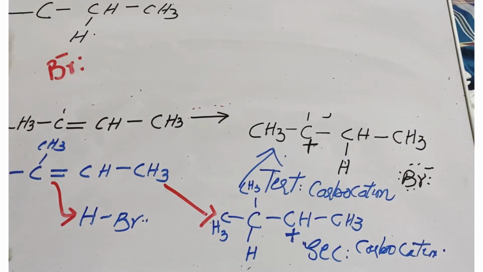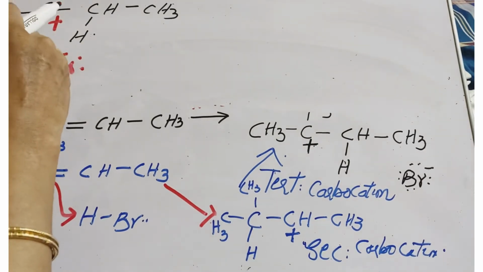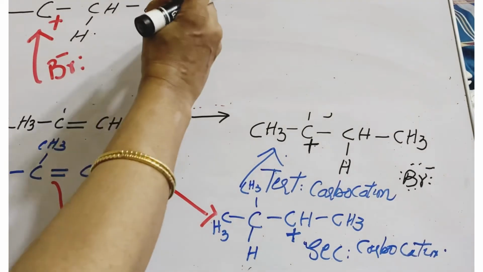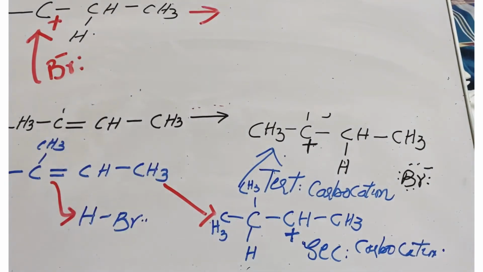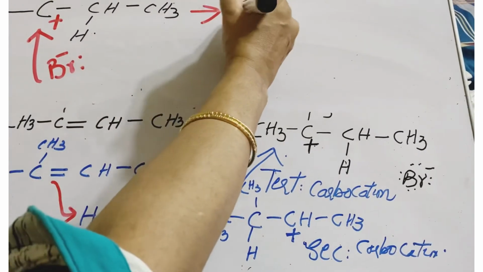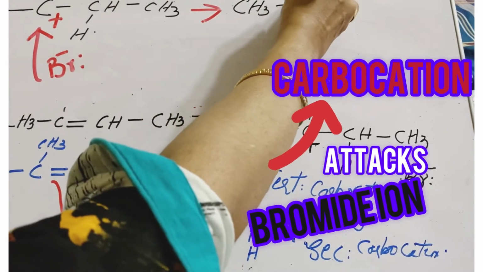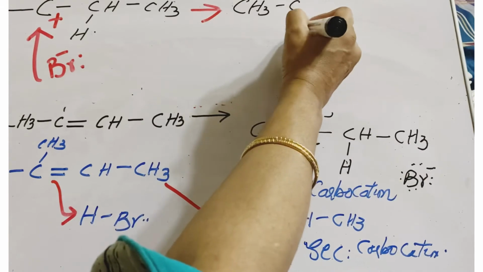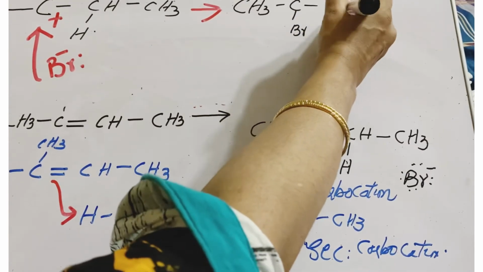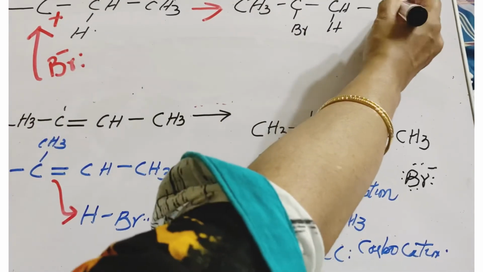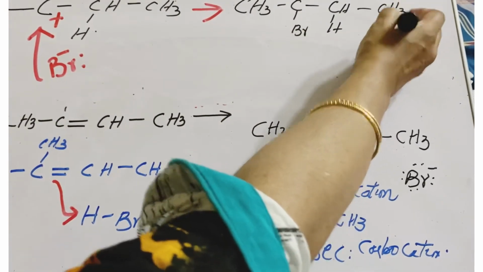Definitely this is a carbocation. So it's now going to attack the carbocation, resulting in formation of what I just mentioned. Br, CH, and yes, CH3.